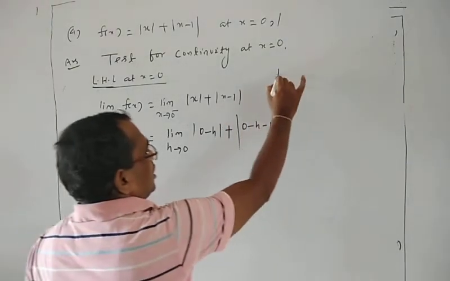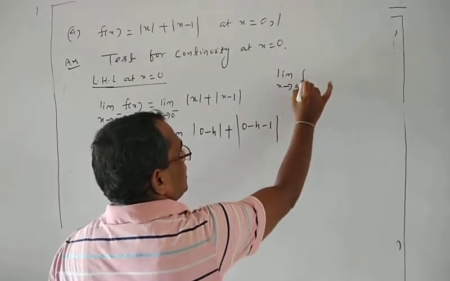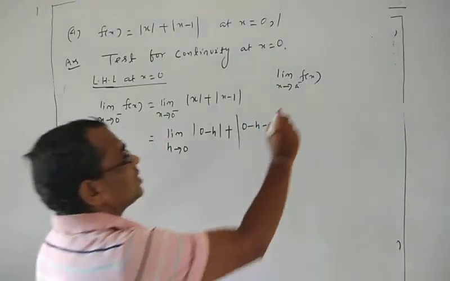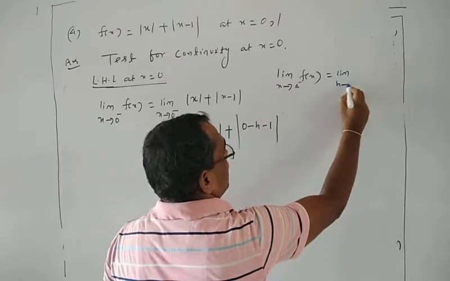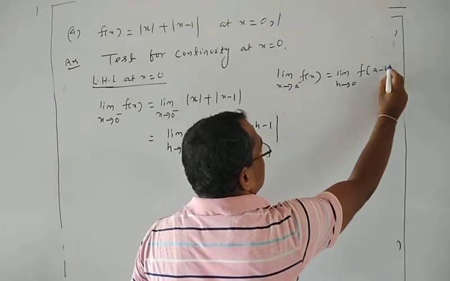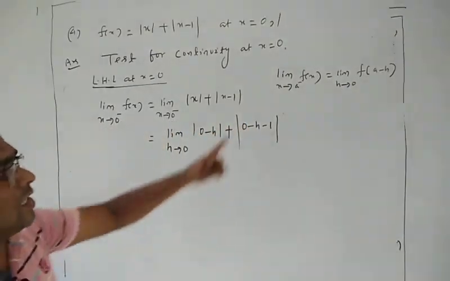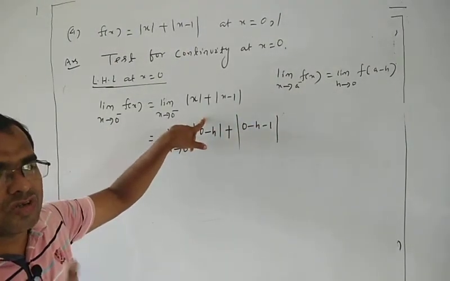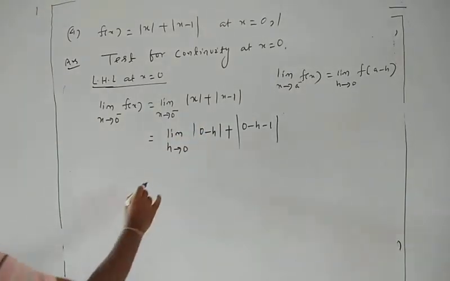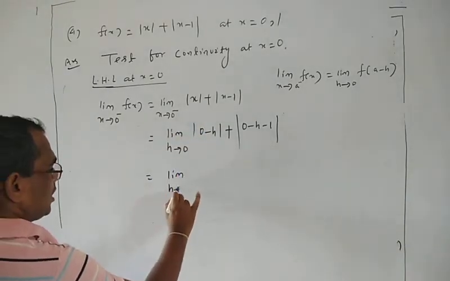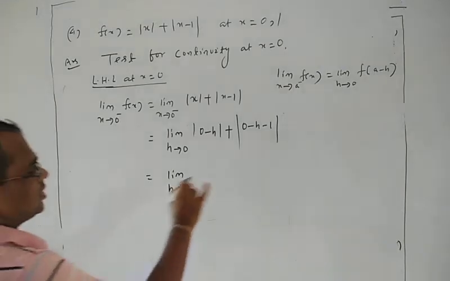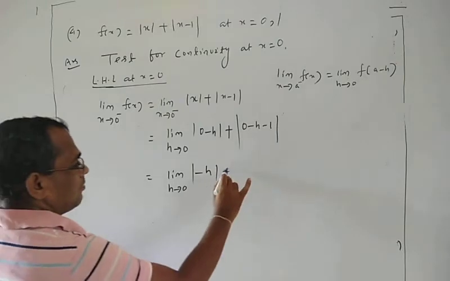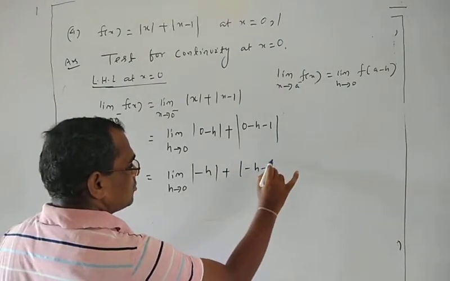Because you know the left hand limit, limit x tends to a minus f(x), is equal to limit h tends to 0 of f of a minus h. So directly we calculate, or you can put x is equal to 0 minus h also. So this is equal to limit h tends to 0, mod of minus h plus mod of minus h minus 1.